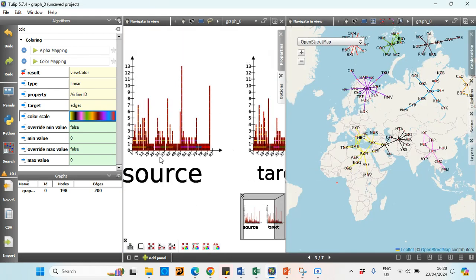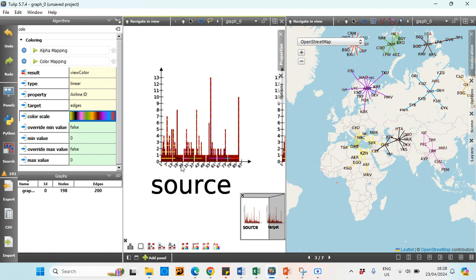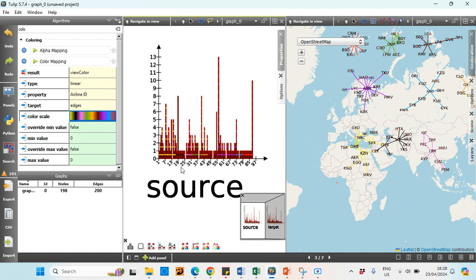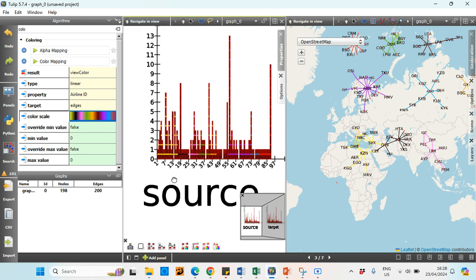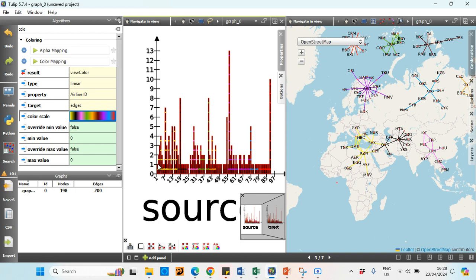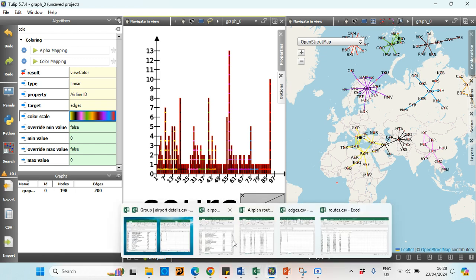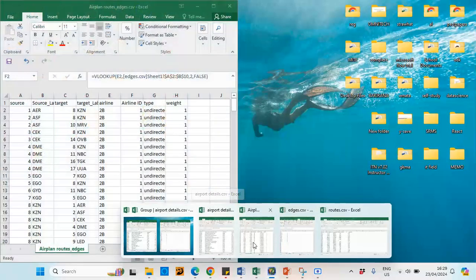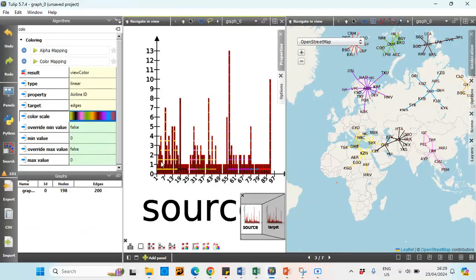So when you come here specifically, remember we had different airlines that we gave unique IDs. So the airline one here, which was, let me just go there briefly, if you don't mind. Airline one, which was airport A, which is AER, is right here.